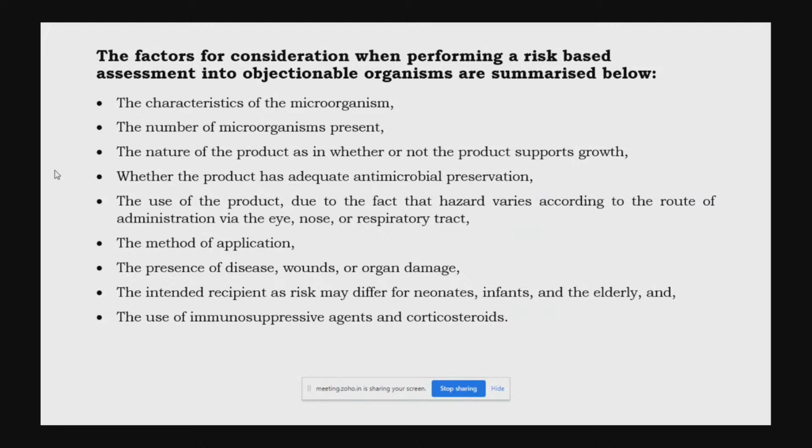We need to see what is the characteristic of the microorganism, the number of microorganisms present, the nature of the product, as in whether or not the product supports the growth, whether the product has adequate antimicrobial preservatives, the use of the product due to the fact that hazards vary according to the route of administration via the eye, nose, or respiratory tract, the method of application, the presence of disease, wounds, or organ damage, the intended recipient as the risk may differ for neonates, infants, and the elderly, and the use of immunosuppressive agents and corticosteroids.